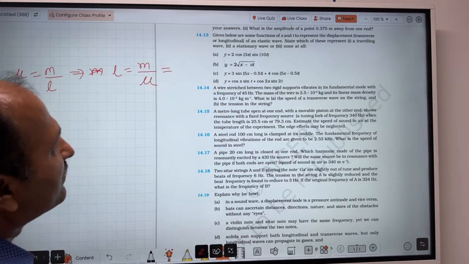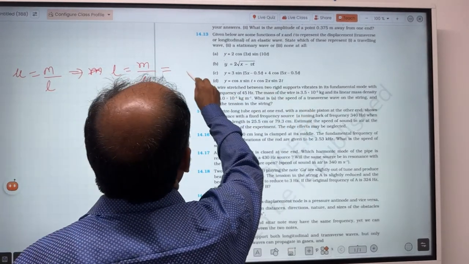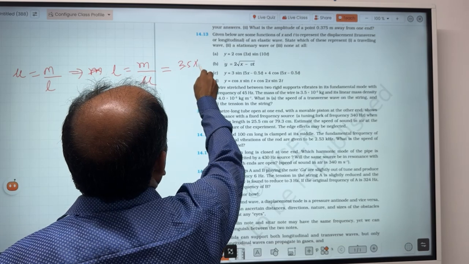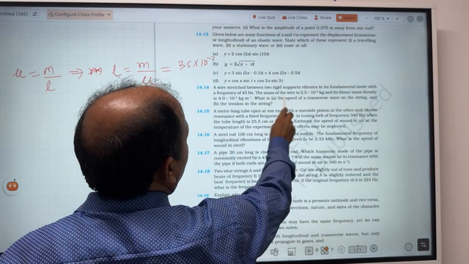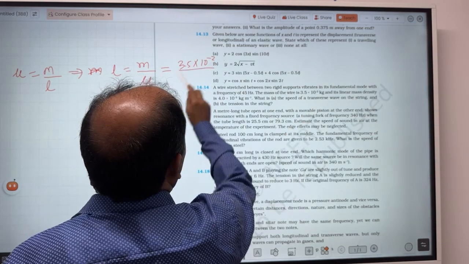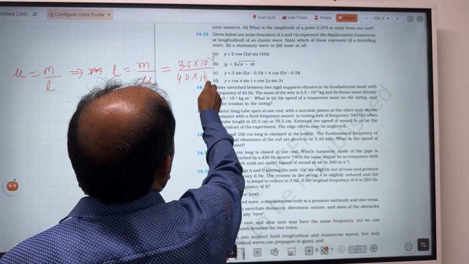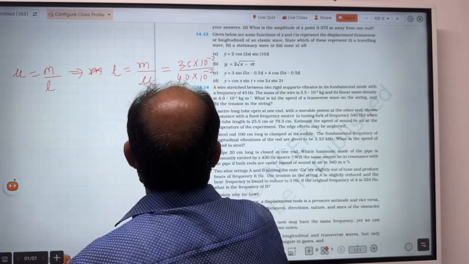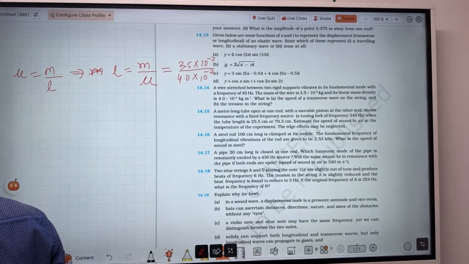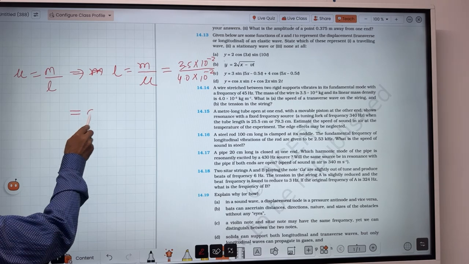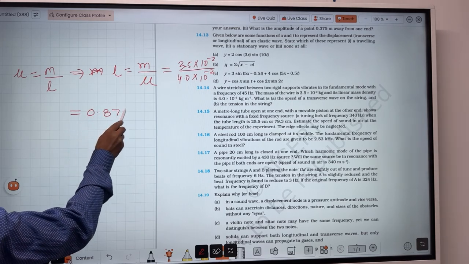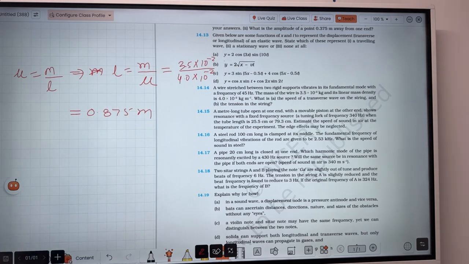In our question, mass is given as 3.5 × 10^-2 kg, and linear mass density is 4.0 × 10^-2 kg per meter. So from there we can get the value of length, that is 0.875 meter, right? So this is the first part.